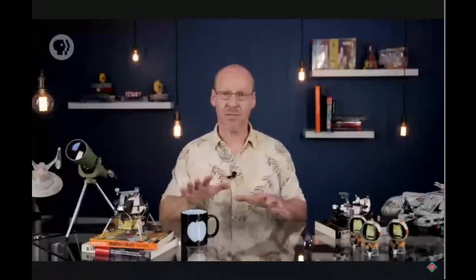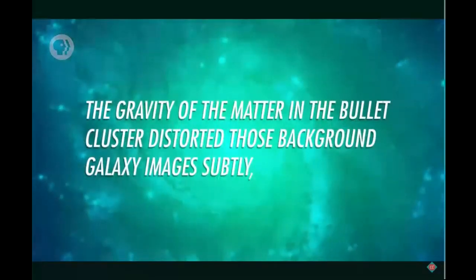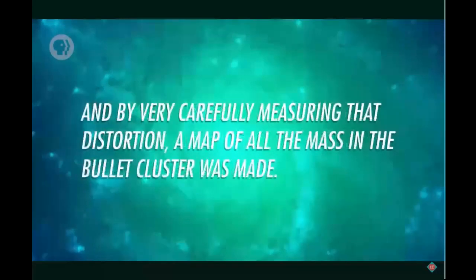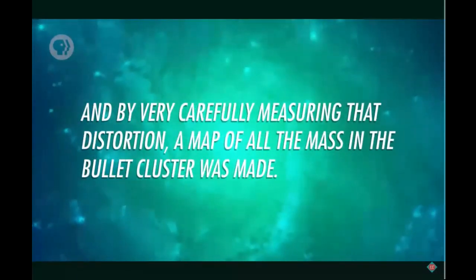But there's more. Even though the Bullet Cluster is very far away, there are actually hundreds of galaxies even farther away that can be seen in the optical images. The gravity of the matter in the Bullet Cluster distorted those background galaxy images subtly. And by very carefully measuring that distortion, a map of all the mass in the Bullet Cluster was made, including dark matter.